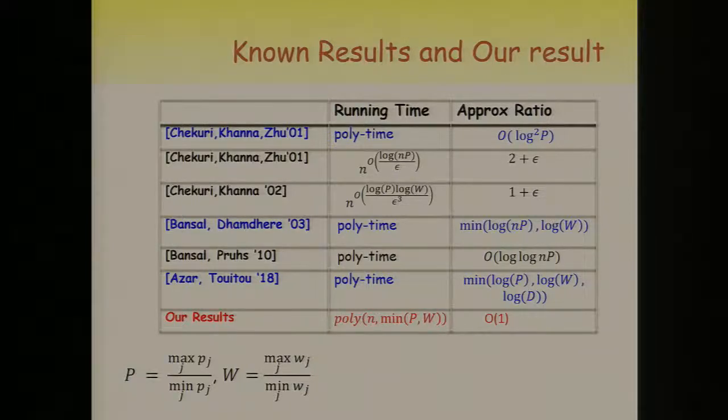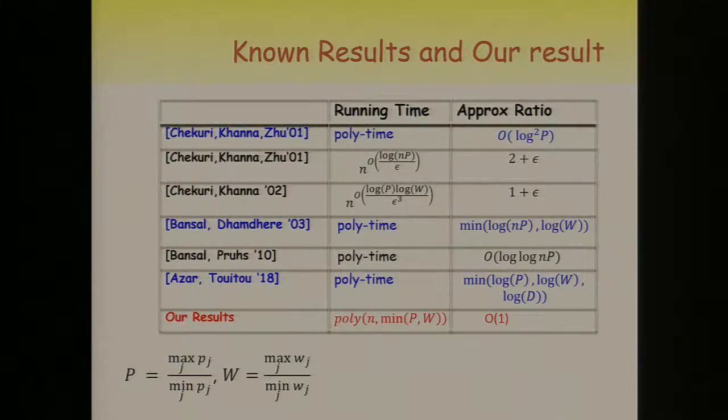The first non-trivial results had approximation ratios of the order of log squared P. There are 2 parameters which are of interest here. P denotes the ratio between the largest to the smallest size of a job, and W denotes the ratio of the maximum to the minimum weight of a job.